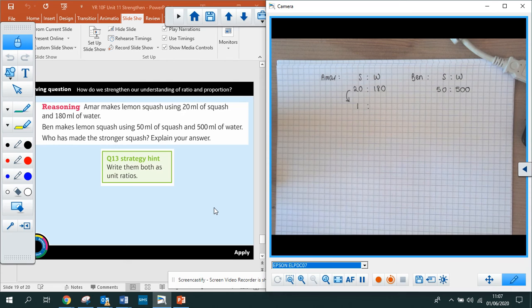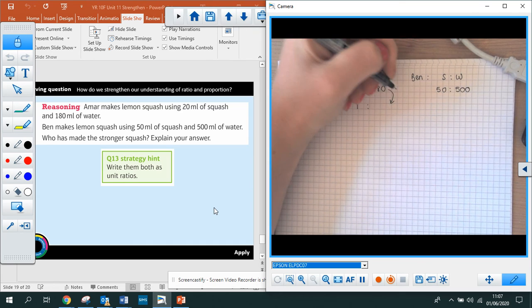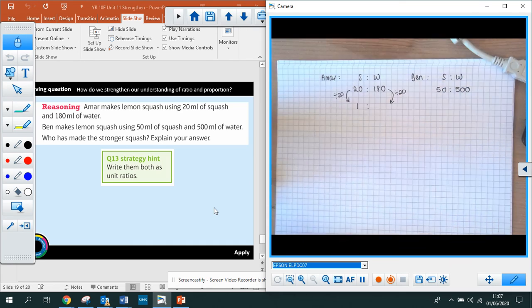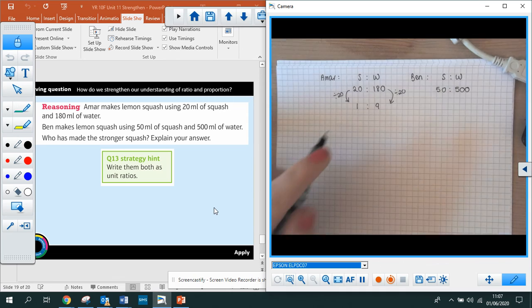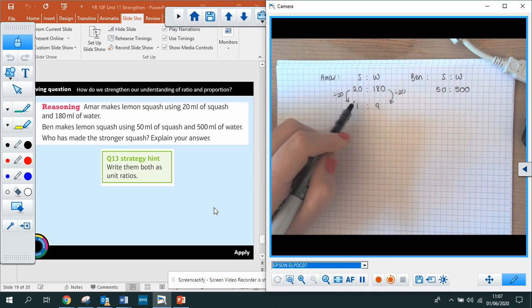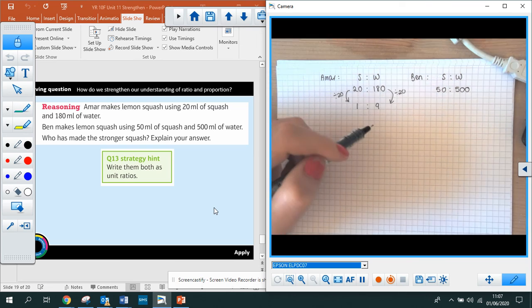Well, I divide by 20. Therefore, I need to do the same with my 180 and divide that by 20 to get an equivalent ratio. That gives me 9. So he uses a ratio of 1 millilitre of squash to 9 millilitres of water.